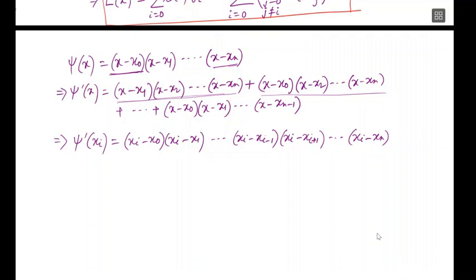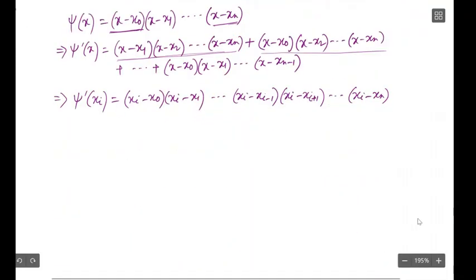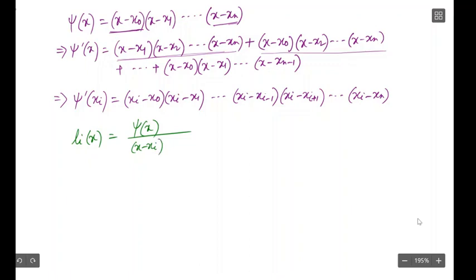Only the term x minus xi is not there, all other terms are there in the numerator. So, for the numerator it is psi x by x minus xi, and in the denominator we have psi dash xi. So, using the notation of psi x, we can have Lix equals to psi x by x minus xi, and in the denominator there will be psi dash xi.